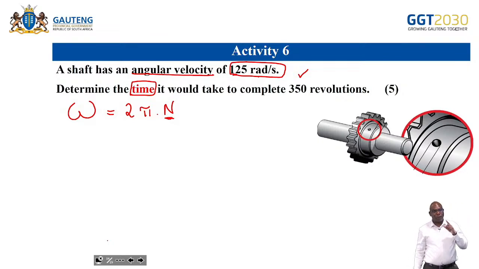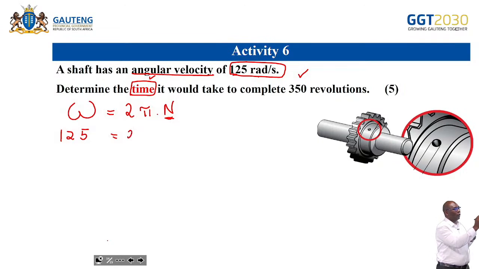But remember we need time. n is not time. Now what are we going to do here? We have the angular velocity given as 125 radians per second. We have 2 pi here. We have the n, which we don't know.